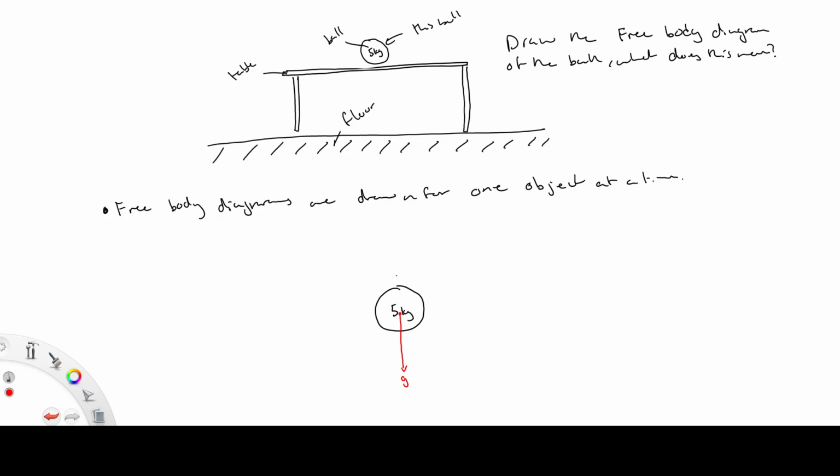This means that there must be another force on the ball equal to G but opposite. Now, this G and this G are different. This is not Newton's third law.